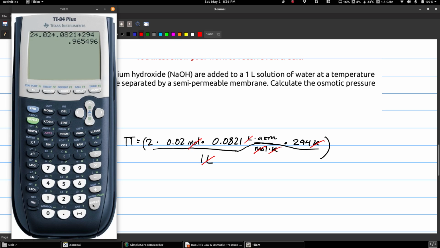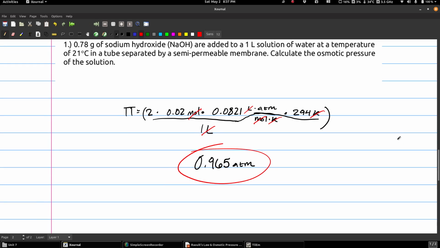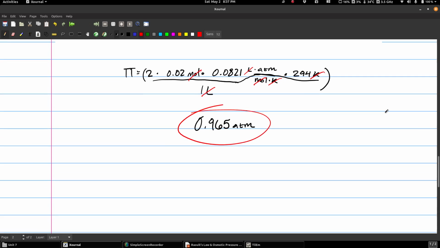So you should have gotten approximately 0.965, 0.97, whatever, it doesn't matter. 0.965 atmospheres. And that would be, in this problem, the amount of pressure that would be necessary to keep the water from diffusing across the membrane. So less than 1 atmosphere, so it shouldn't be diffusing if it's not in a closed system.